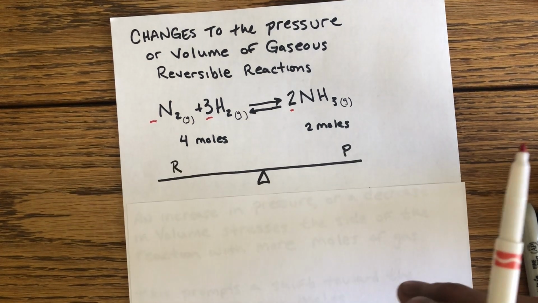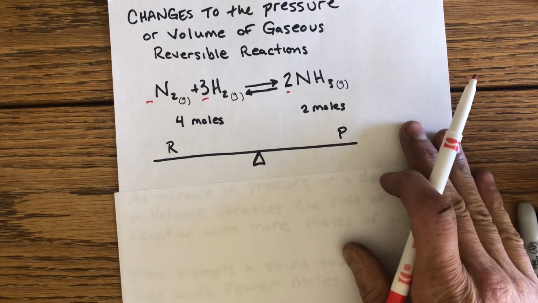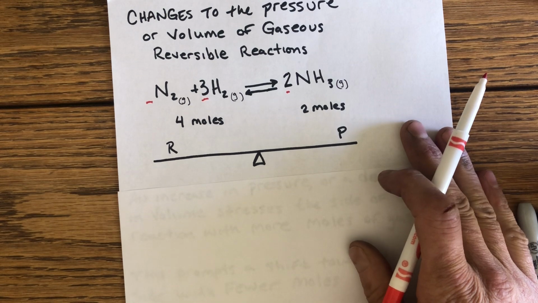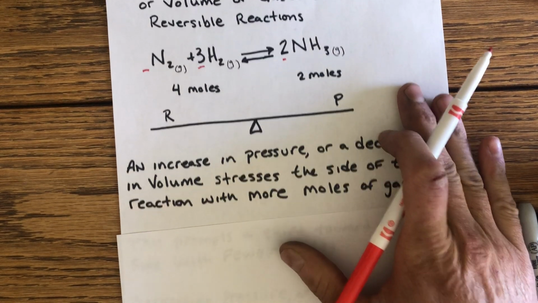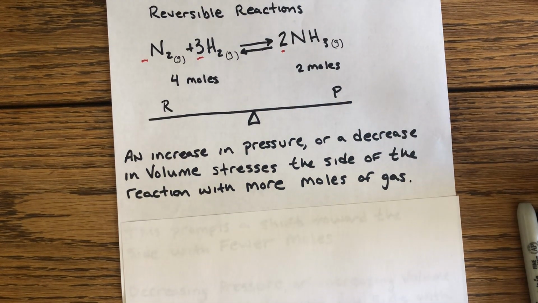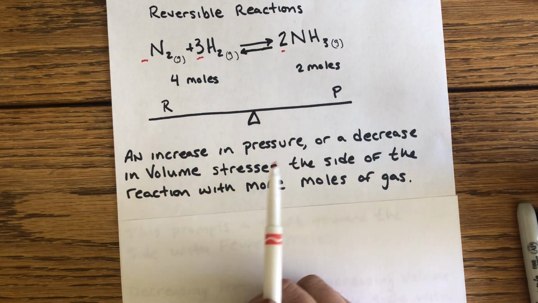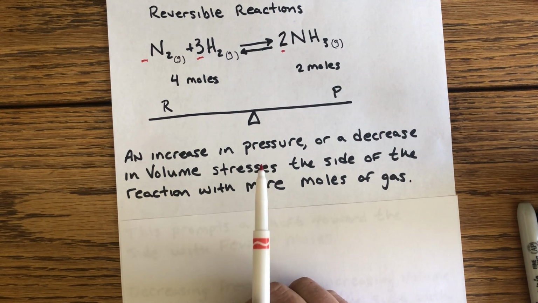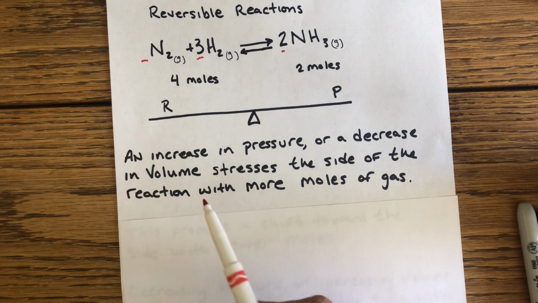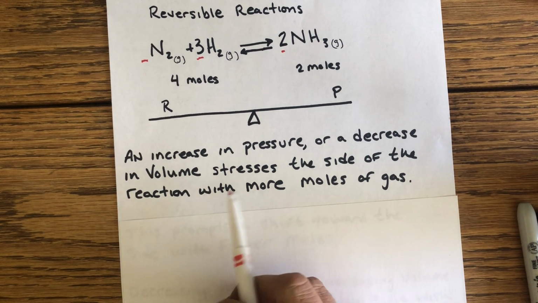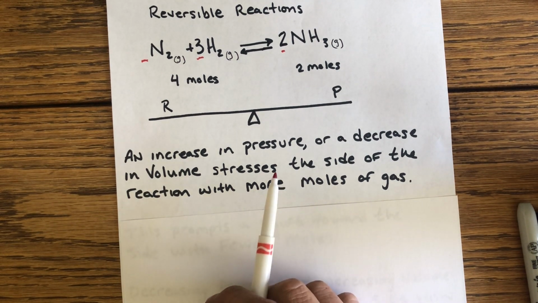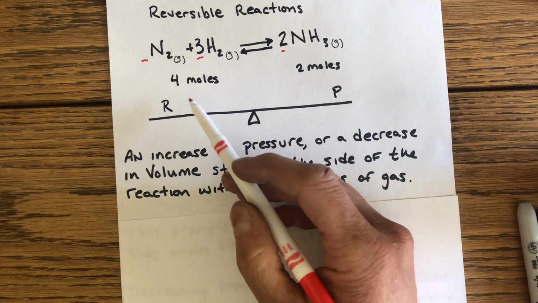in these reactions. Okay, so here's the reaction at its equilibrium, and let's just say that we increase the pressure in the system, and that is really the same as decreasing the volume. If pressure goes up, volume would go down. It's the same kind of idea. So it stresses the side of the reaction where there are more moles of gas.